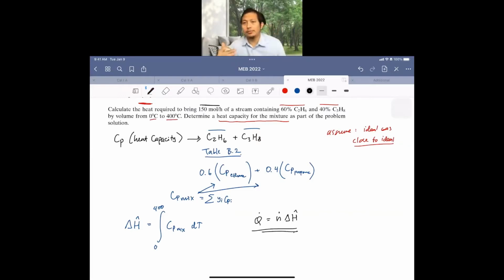But I think this assumption should be used most of the time. As long as there is no mention of the conditions, you could just assume ideal or close to ideal, okay, to simplify the solution.